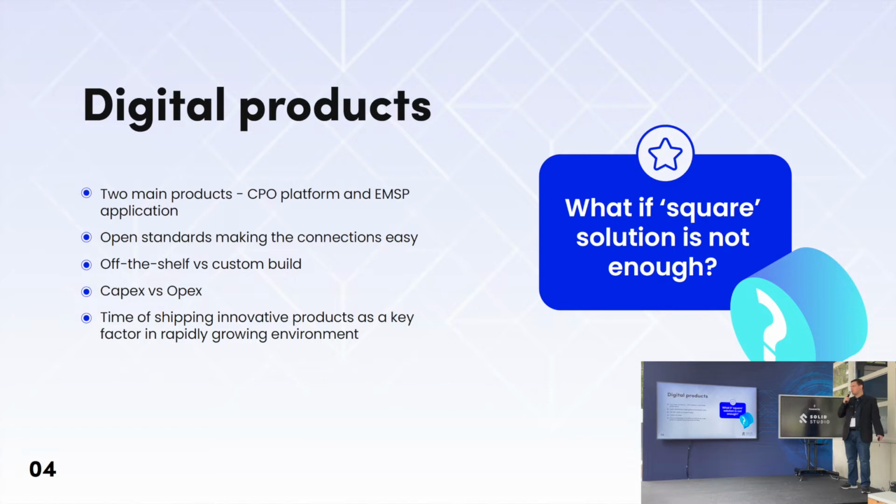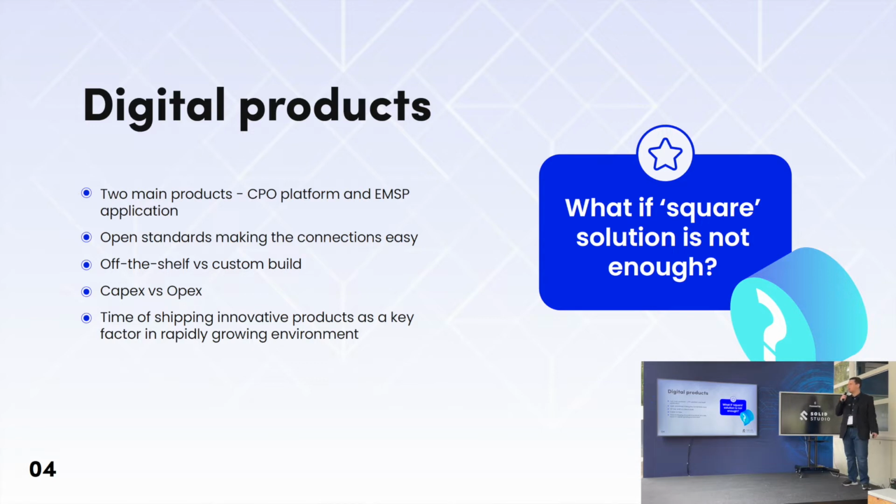There is also, let's call it a third product, which are the open standards that are used to communicate those two parties together. So things like OCPI, OICP, and different types of custom protocols that we can use to connect to each other. So we know how to talk to each other, we know how to communicate, and we know how to deliver the best experience to our users.